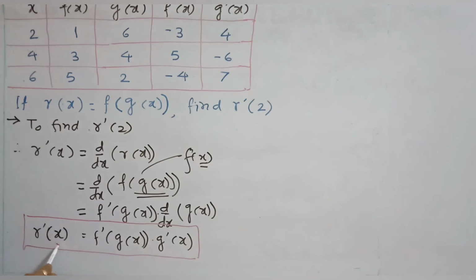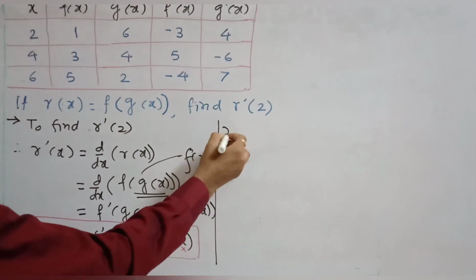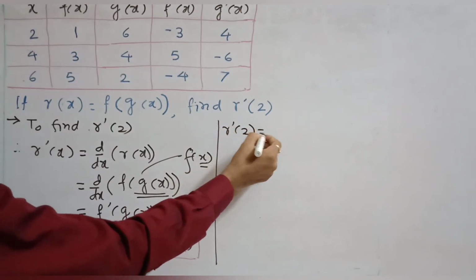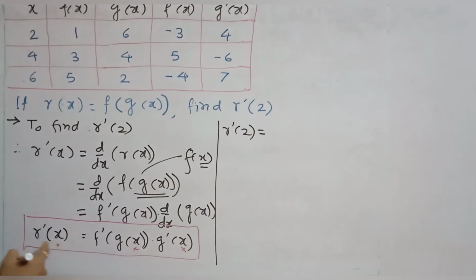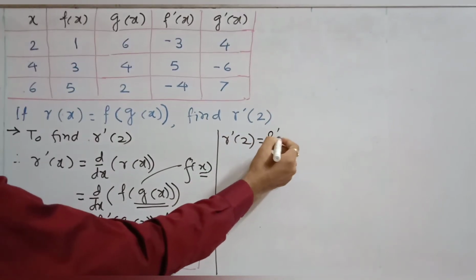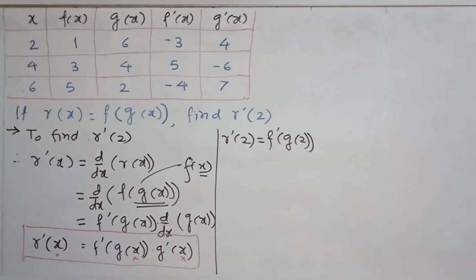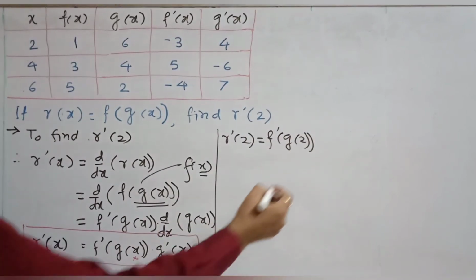So put x is equal to 2 here, here and here, and what will you get then? R dash 2 is equal to f dash g of 2 into g dash 2.